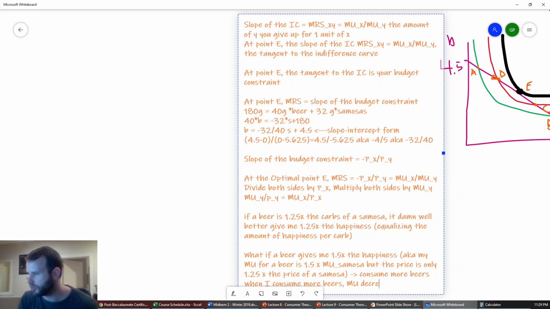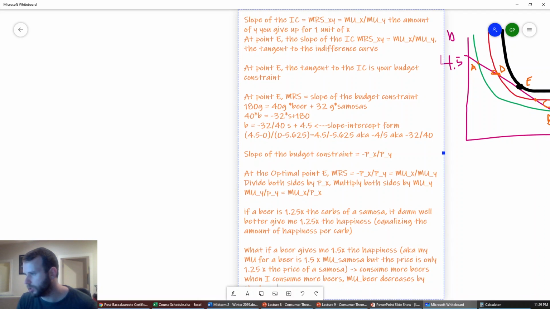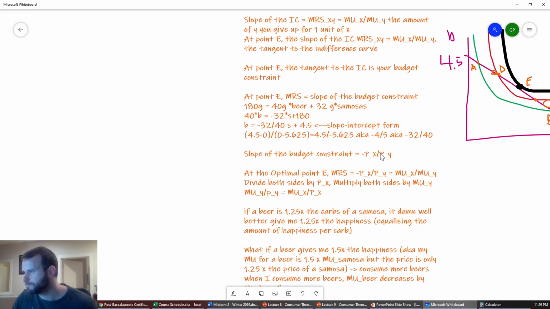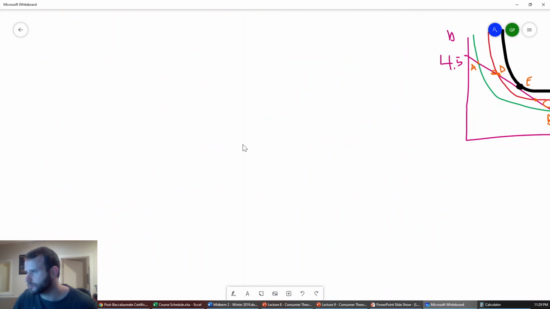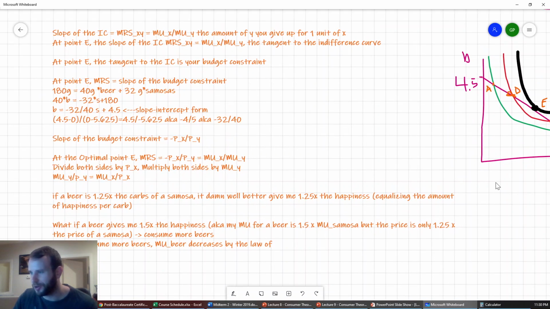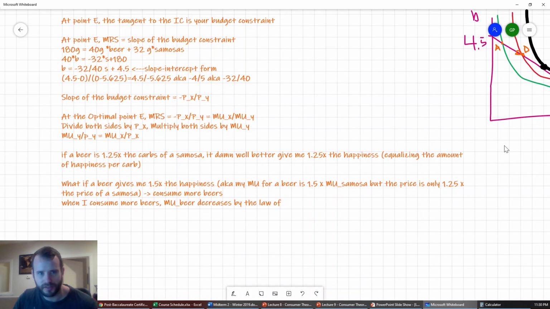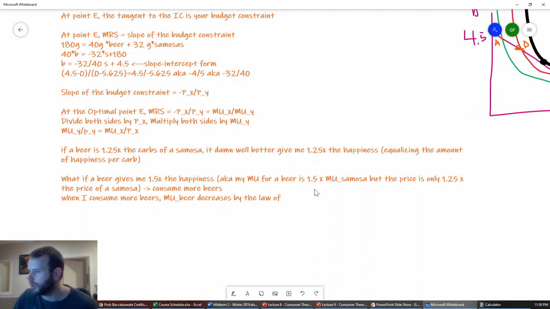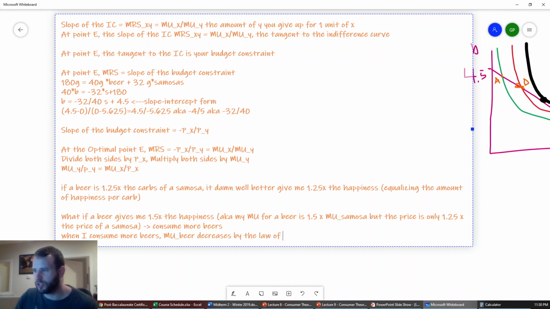MU decreases. So I should say MU for beer decreases by the law of diminishing marginal utility.